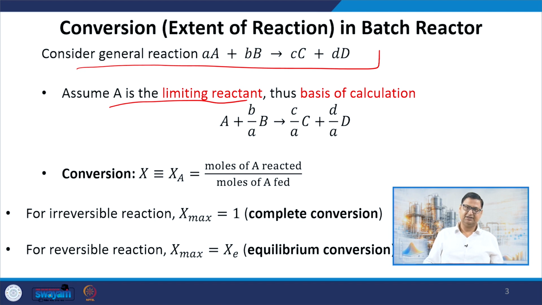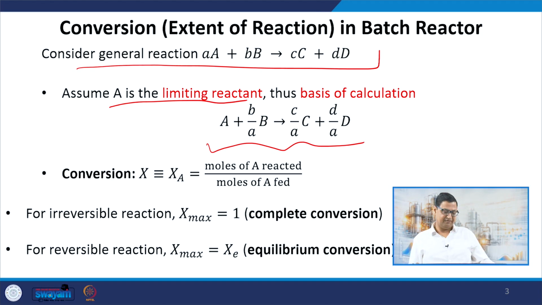In that case, I can divide this chemical reaction by a, small a, and then we have something like this, and I can define the conversion X as the moles of A reacted, the limiting reactant A reacted per unit moles of A fed. Typically, we can define the conversion for different species like XB, XC, XD and all that, but it is a common practice to define it for the limiting reactant.